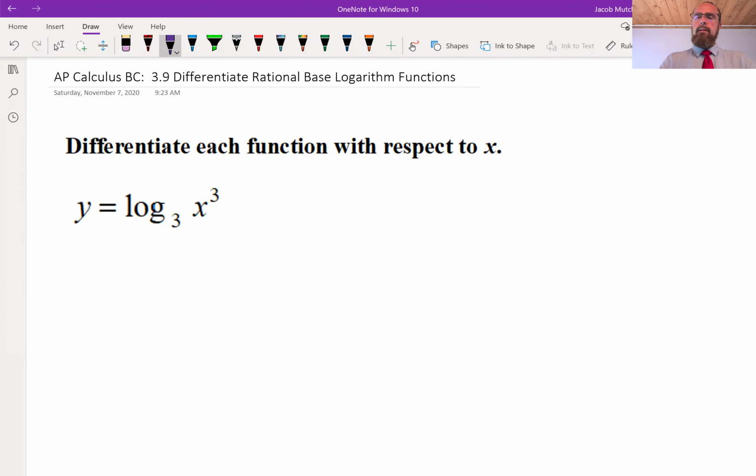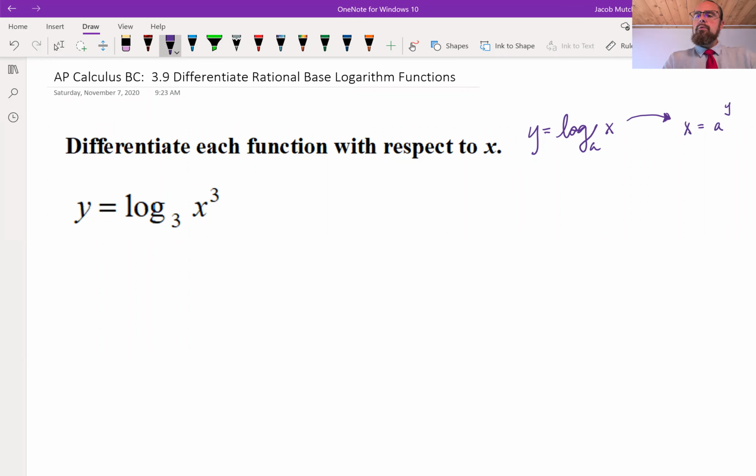So before we begin, let's write the rule to take the derivative of this function, y equals log base a of x. So what we've got to do first is remember that the essential relationship between the logarithm and the exponential would be that if I've got y equals log base a of x, that's equivalent to x equals a to the power of y.